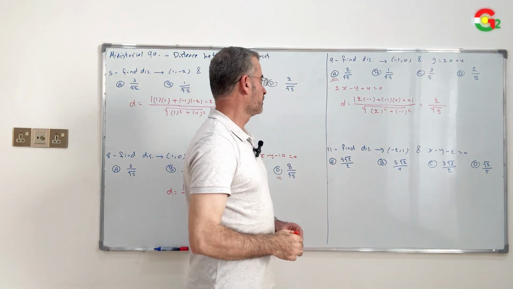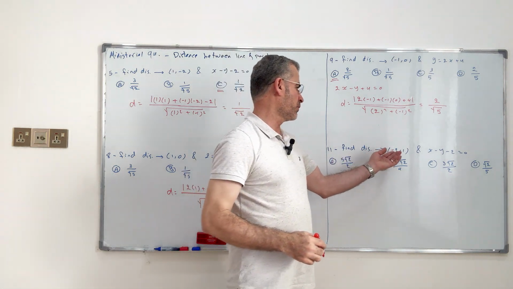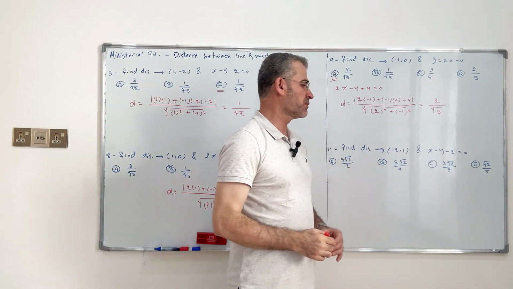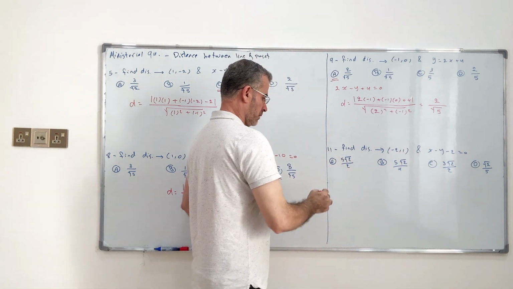Question number 11. Find the distance between the point negative 2, 1 and the line x minus y minus 2 equals 0.